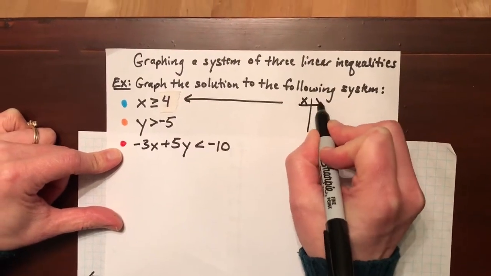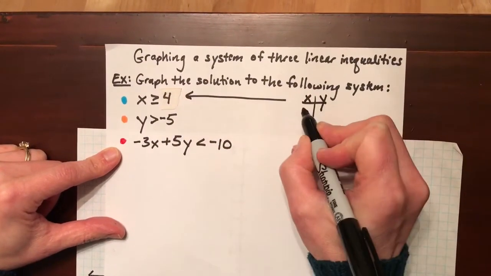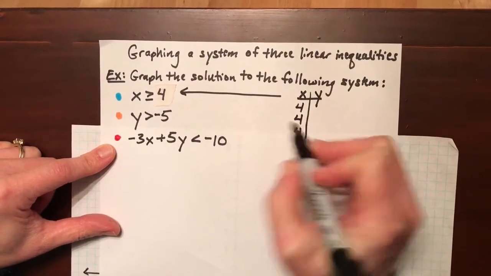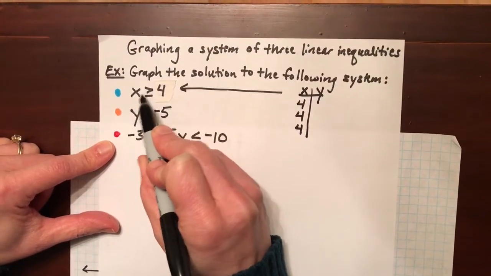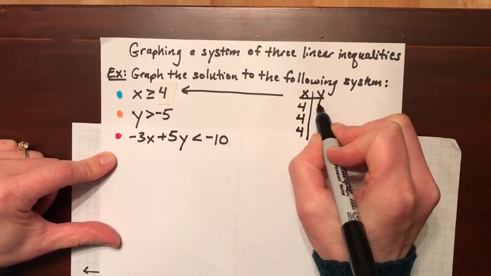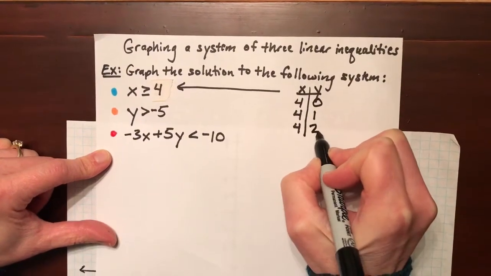And so I'm going to make a little xy table where every value of x is 4. So I'm going to pick a couple of points on this line, if it were x equal to 4. And so let's let y equal 0, and y equal 1, and y equal 2.